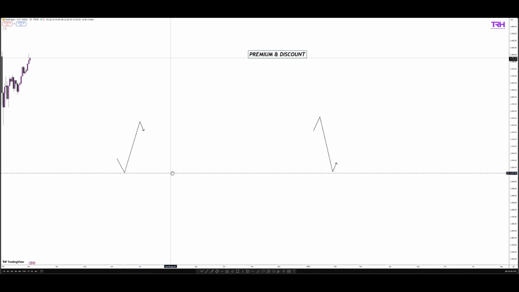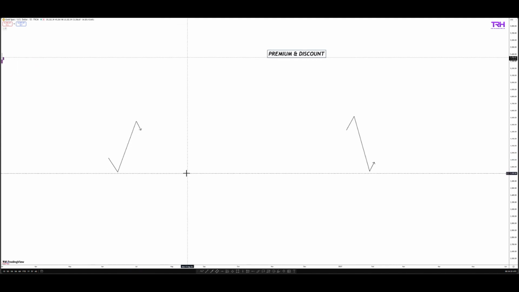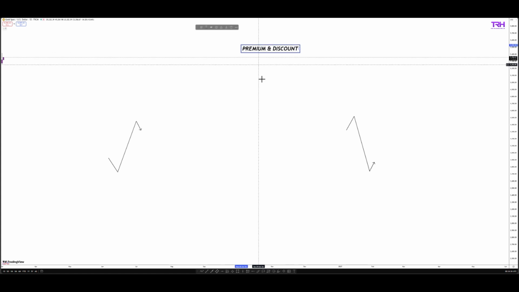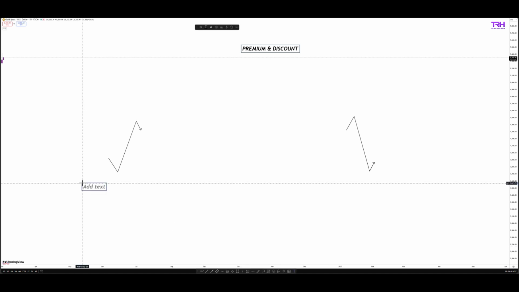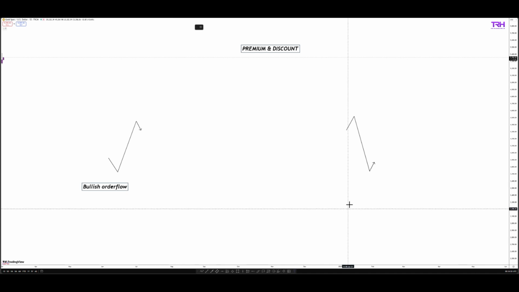You have to know what the market is currently in, the order flow, like the trend might be bullish or bearish. So let me annotate this to make it easier. This is more of a bullish order flow and a bearish order flow.